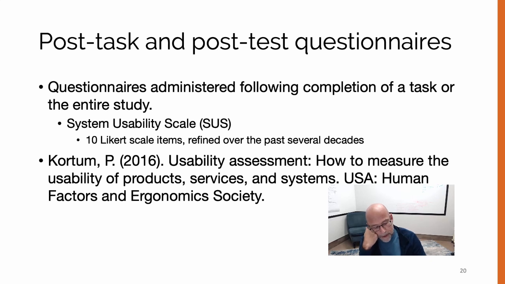There's one by an old friend who passed away recently, Tom Tullis, something like Measuring the User Experience, by Tom Tullis and Bill Albert. And then there's another one by Jeff Sauro called Quantifying the User Experience. Both of these would be pretty helpful for you to read when you're thinking about usability scales and so forth.